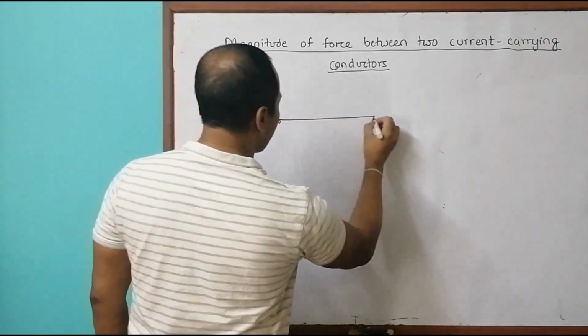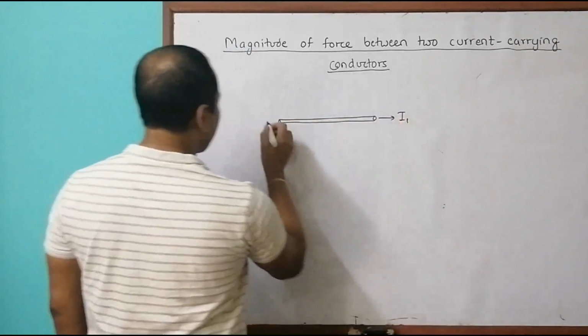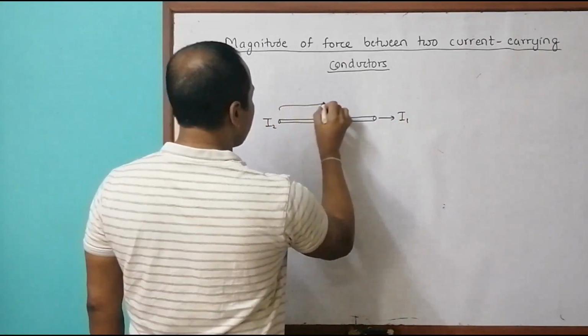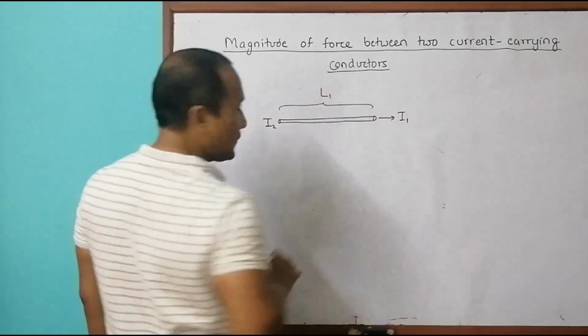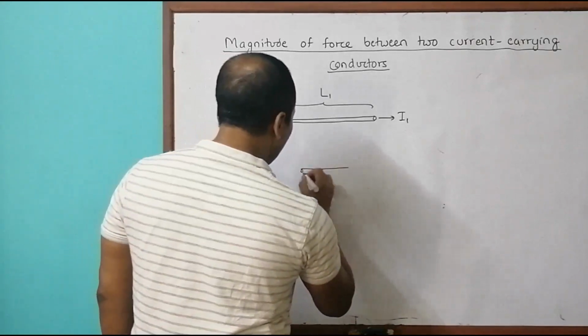This is the first wire in which current is going from left to right. So this is I1, and its length is L1. Then we have the next conductor, which is a shorter one, let us say.